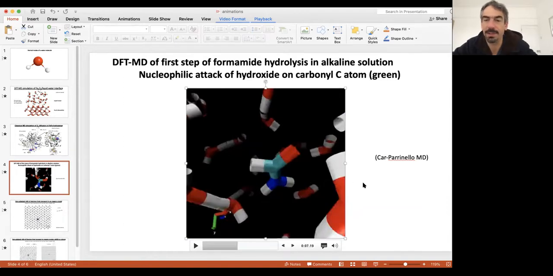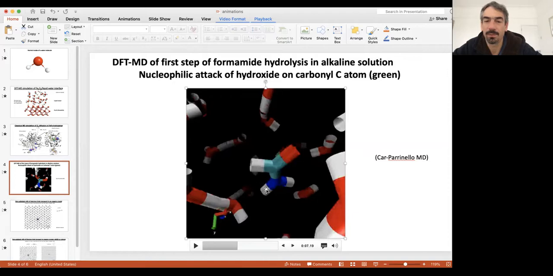So what you can see here is formamide. Does every one of you know what formamide looks like? Yes, so formamide: hydrogen, carbon, oxygen, with a double bond to the oxygen. And then here you have an NH2 group. So you have a double bond and here a single bond.